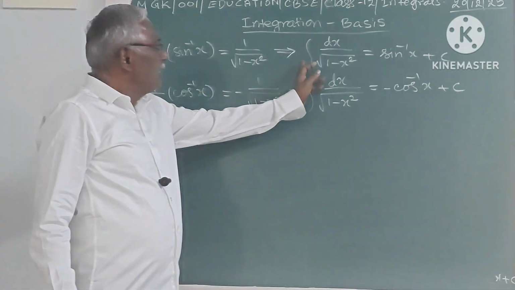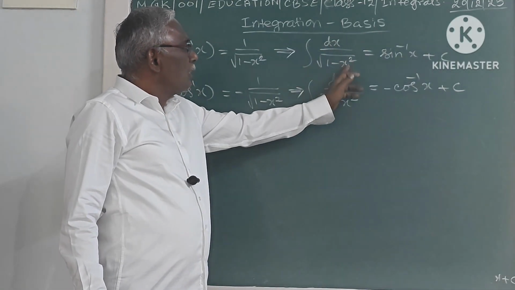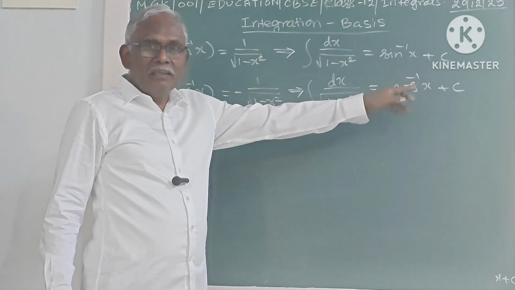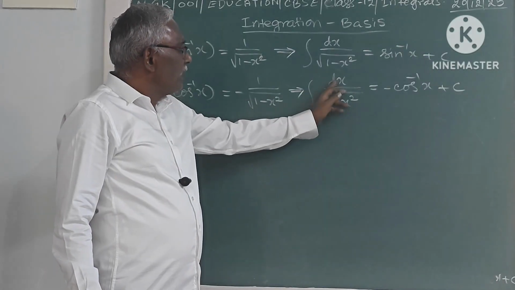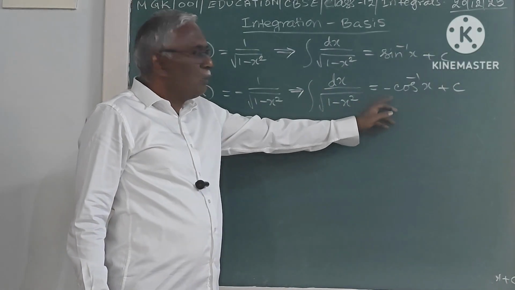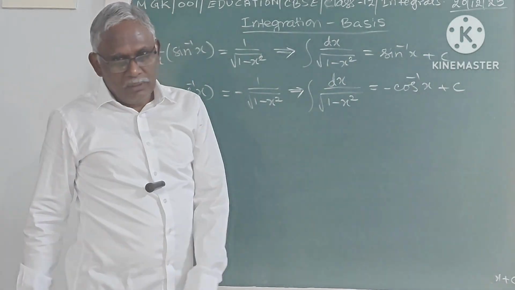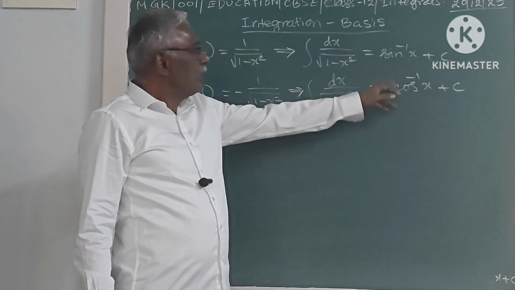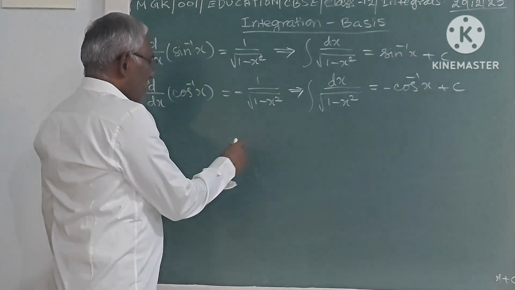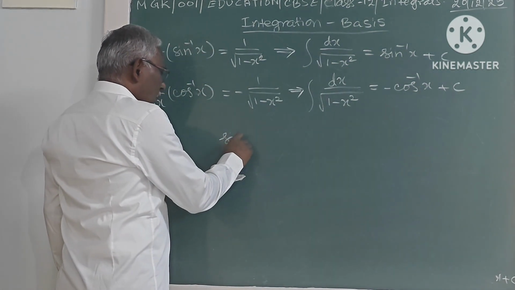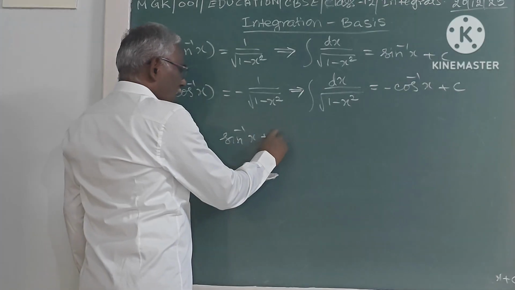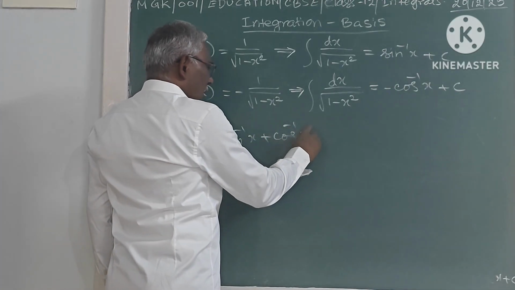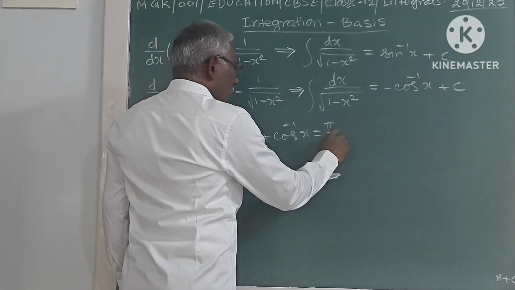Here we can see integral dx by square root of 1 minus x square is sin inverse x. Same integral dx by square root of 1 minus x square is equal to minus cos inverse x. Both are right because these two have a relation. We know sin inverse x plus cos inverse x is equal to pi by 2.